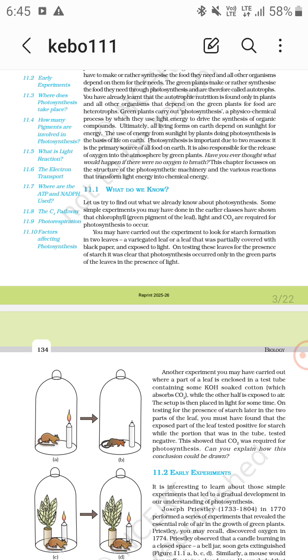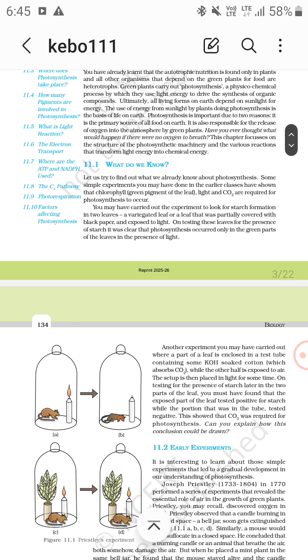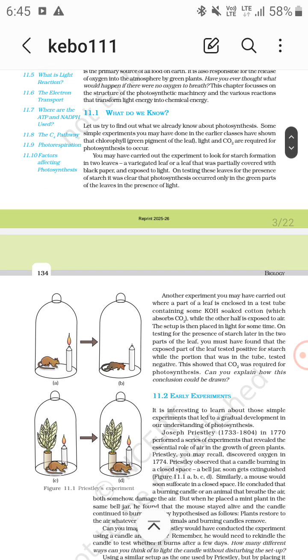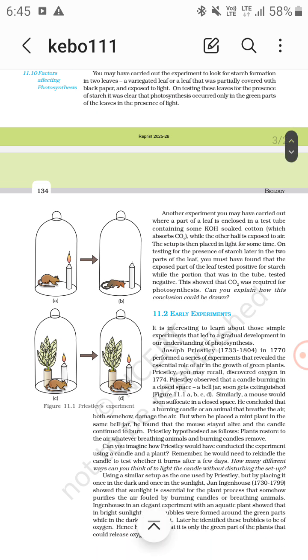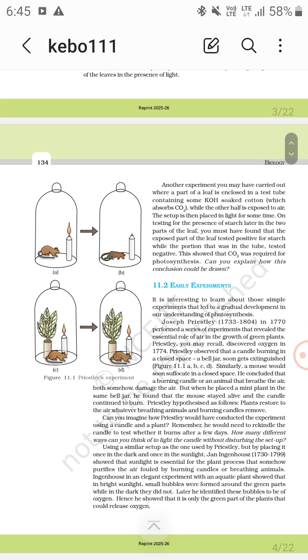On testing these leaves for the presence of starch, it was clear that photosynthesis occurs only in the green parts of the leaves in the presence of light. Another experiment used KOH-soaked cotton, which absorbs CO2. It showed that CO2 was required for photosynthesis, right?